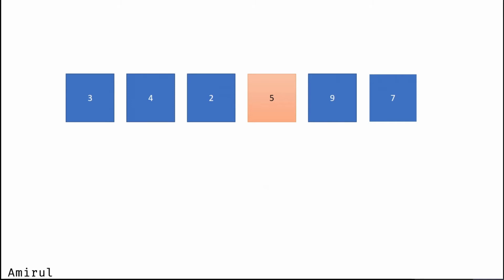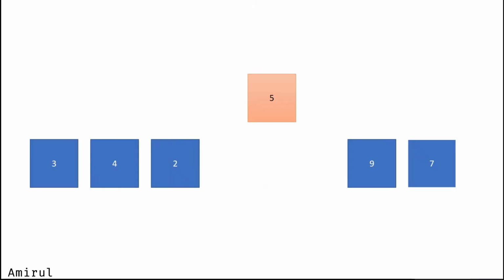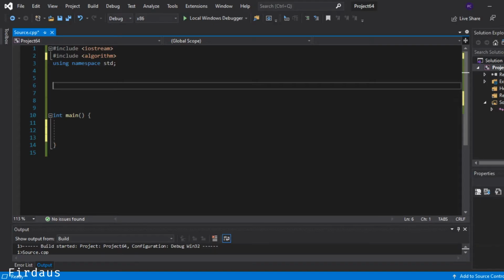The right side is more than the pivot, and the left side is less than the pivot, but it is not sorted. So we will do the same process for the left side and the right side. So that's all from me. Thank you for listening.